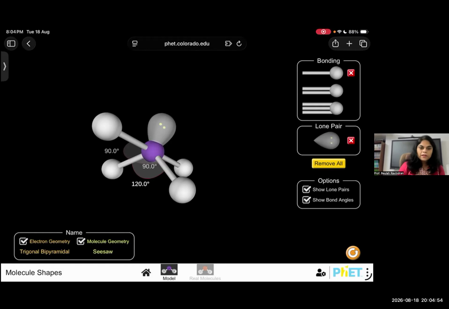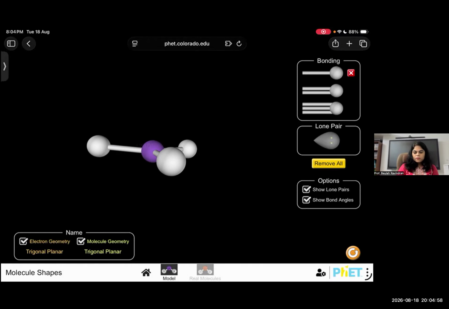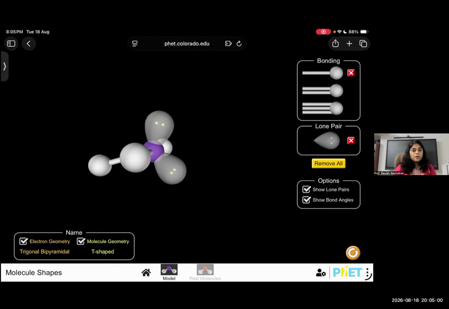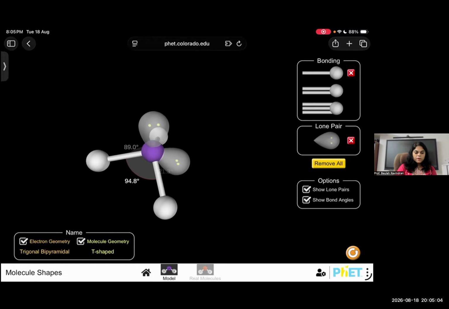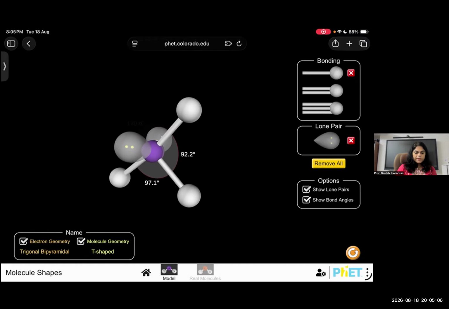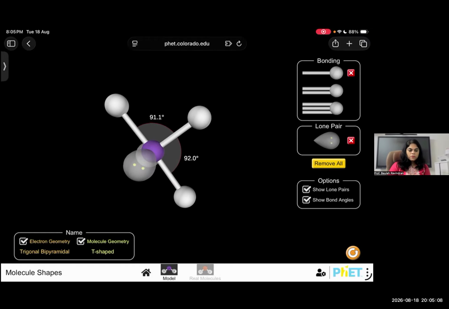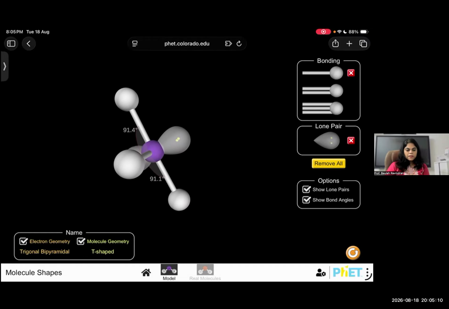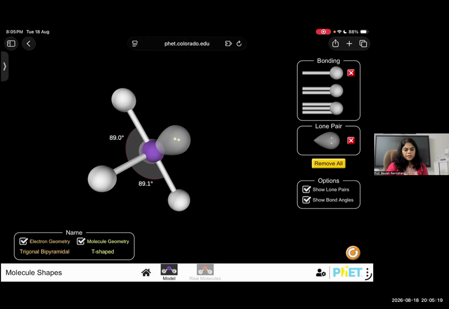Then we'll see now AB3E2. Okay, AB3E2. So AB3E2 also having how many VSEPs? 5 VSEPs. See, 1, 2, 3 bond pairs and 2 lone pairs. Clear? So all 90-degree it is. It is actually T-shaped. See, this one is like a T-shaped.